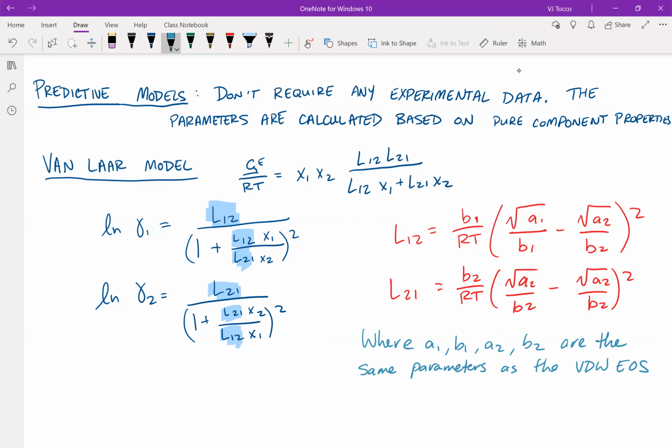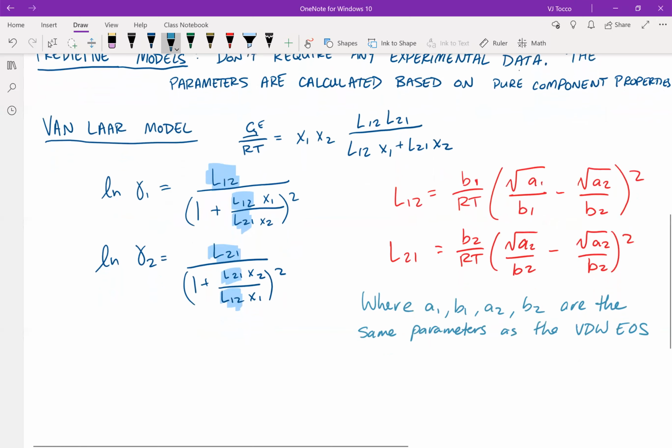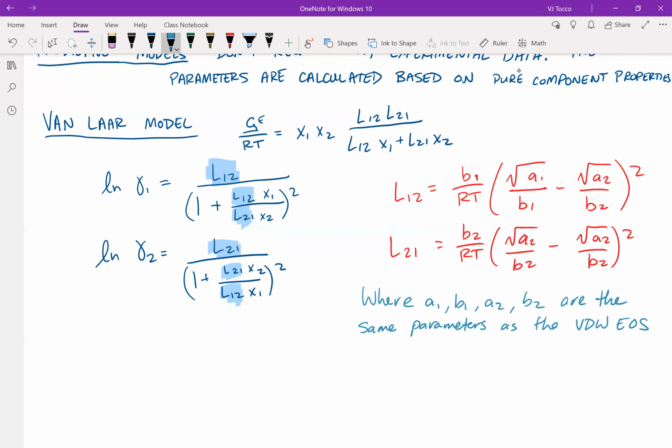When I discussed equations of state so long ago, I mentioned that the van der Waals equation of state was one of the first equations of state to be cubic, and it wasn't really accurate. So again, with the Van Laar model, this is not the most accurate model that you can use, but it's really interesting from the perspective that you don't have to do any experiments once again.